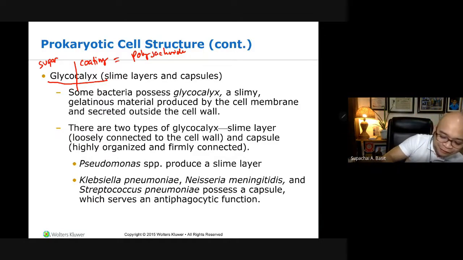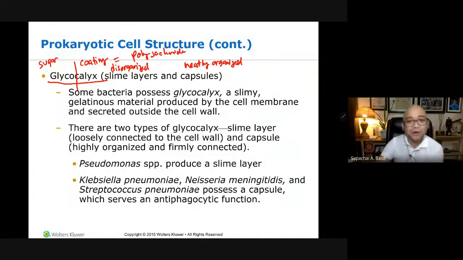If it is disorganized, we call it a slime layer. If it's neatly organized, we call it a capsule. Some bacteria possess glycocalyx, a slimy, gelatinous material produced by the cell membrane and secreted outside the cell wall.